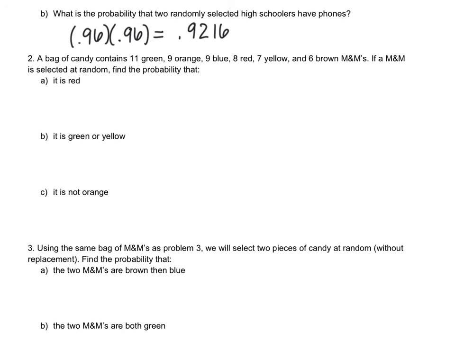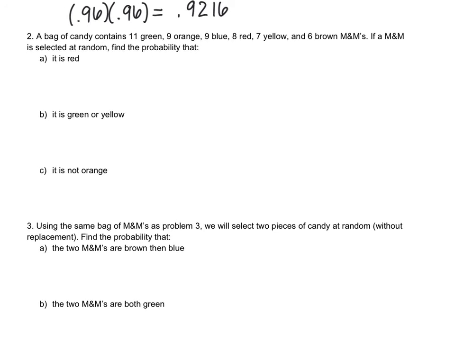Next, we have a bag of candy that contains 11 green, 9 orange, 9 blue, 8 red, 7 yellow, and 6 brown M&Ms. If an M&M is selected at random, find the probability that it is red. So the first thing I need to do is figure out N, how many pieces of candy we're talking about here. So I do 11 plus 9 plus 9 plus 8 plus 7 plus 6, and we get 50.